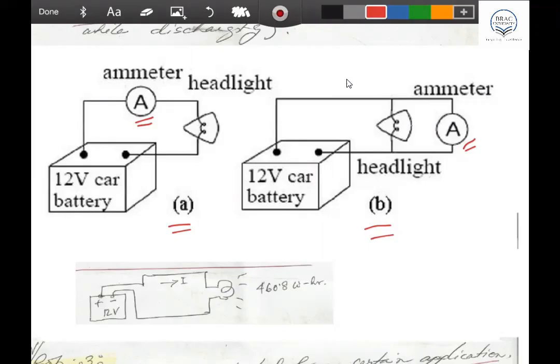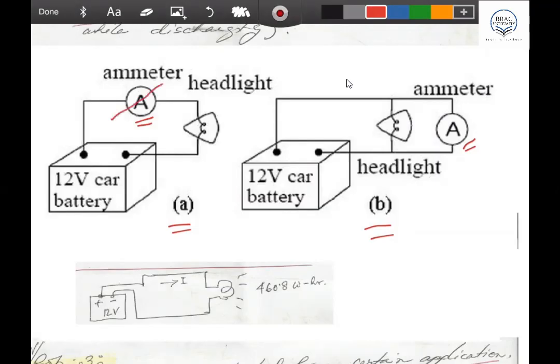Now, my question is: A and B, two ammeters connected to measure the current. Which connection is correct, A or B? Listen.